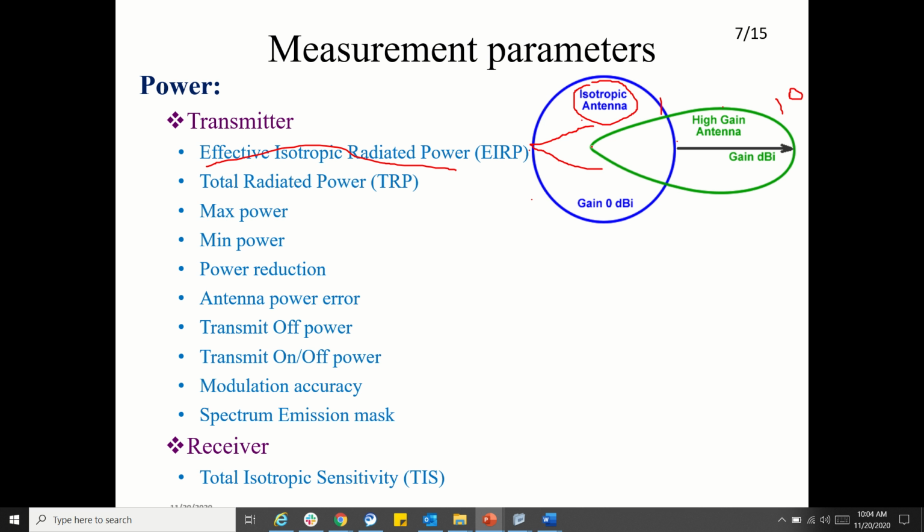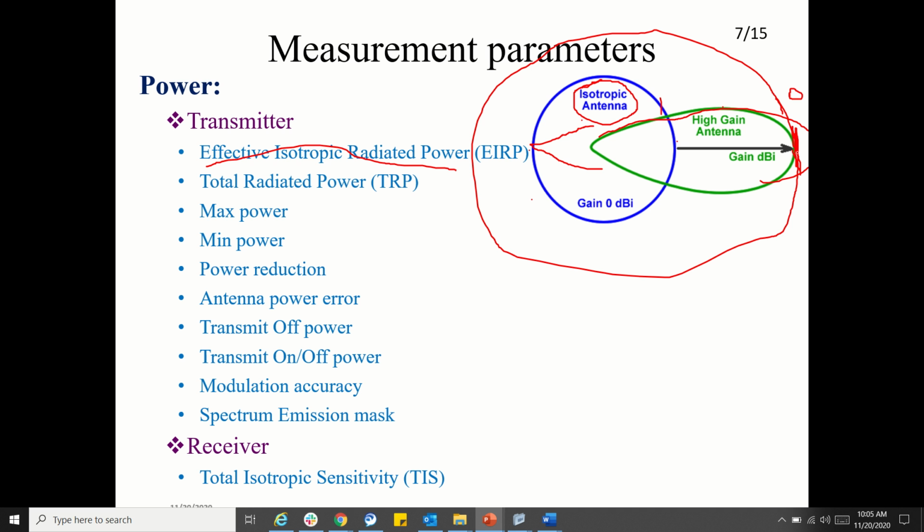The definition clearly says: what power do I have to supply to an isotropic antenna in order to get a pattern like this, so basically I get this much gain.